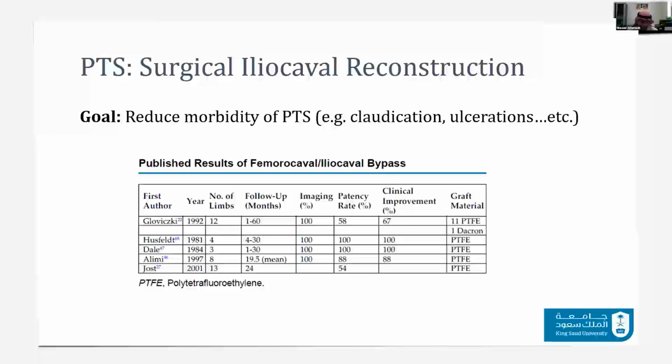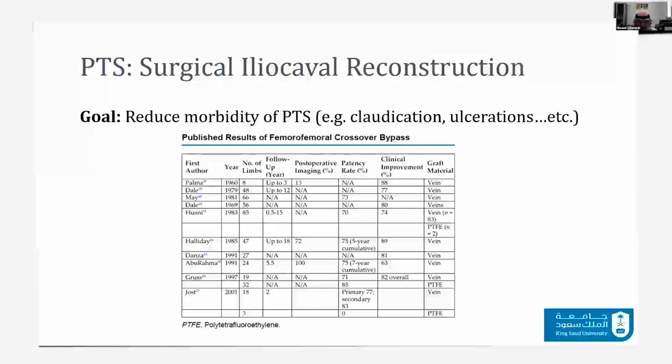As you see, most of the studies happened towards the turn of the century, and there are small case reports and series. Their patency rates range anywhere between 50 to 100% as they were reported. The crossover bypasses, the Palma procedure, whether with a vein or with a graft, involved a higher number of limbs and people, higher take-ups to try to bypass a single limb of DVT.